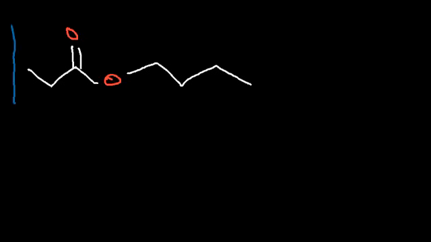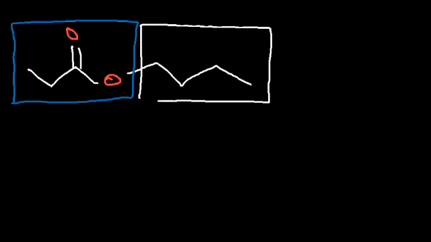So let's separate it into 2 portions. On the right, this is 1, 2, 3, 4. This is the part that doesn't have the 2 oxygens. So that part, we're going to name it first. 4 is associated with butane, so we're going to replace ane with the suffix yl.